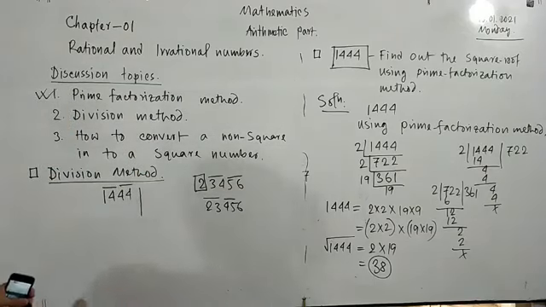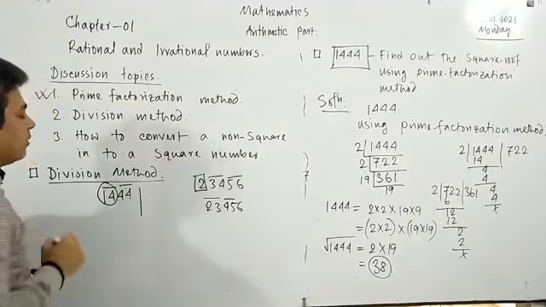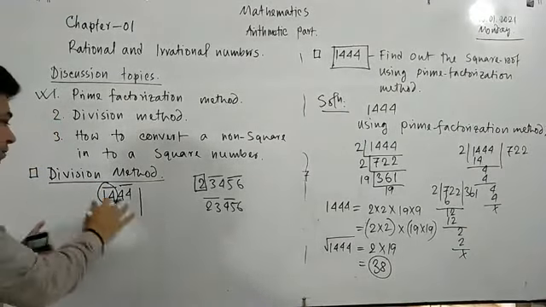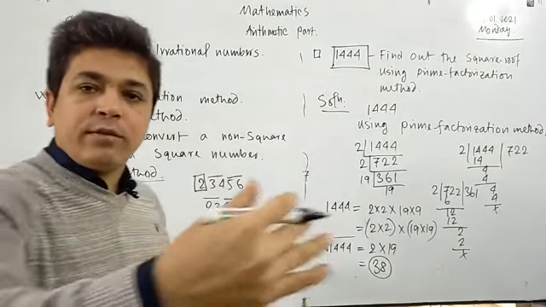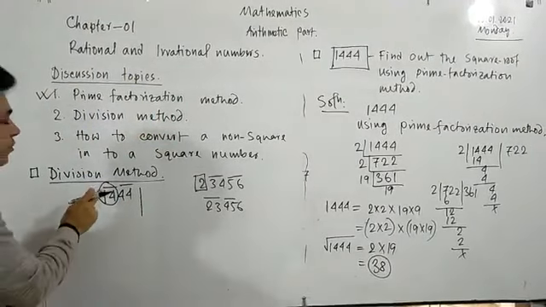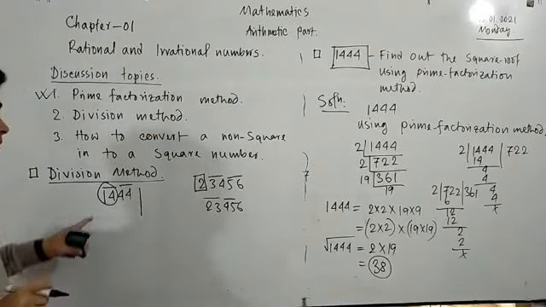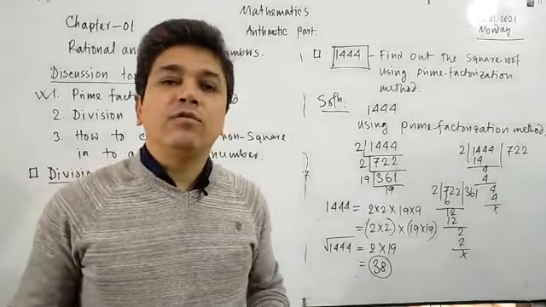Next, you have to consider the first pair from the left. First you pair from the right, and after the perpendicular line, you consider this first pair. Here it is 14. So which number goes with it?